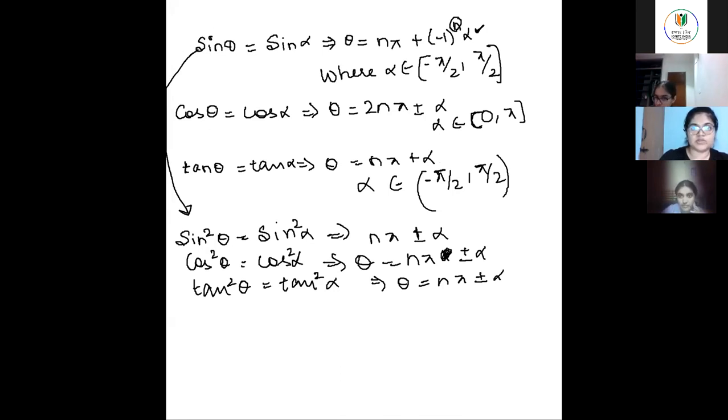Okay, so I'll do a proof for all these parts, so you can see how we got all these answers. The first one is sine theta is equal to sine alpha. Can I take everything on the LHS, which is sine theta minus sine alpha is equal to 0, correct?